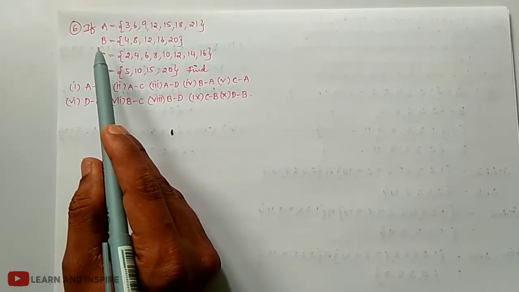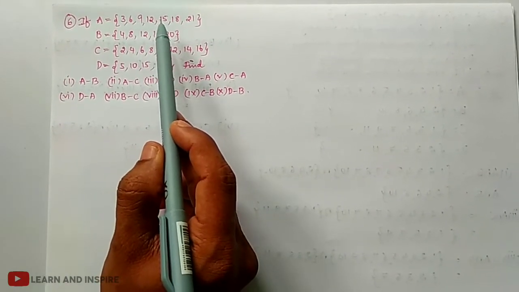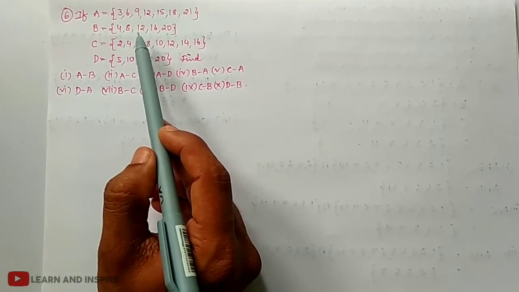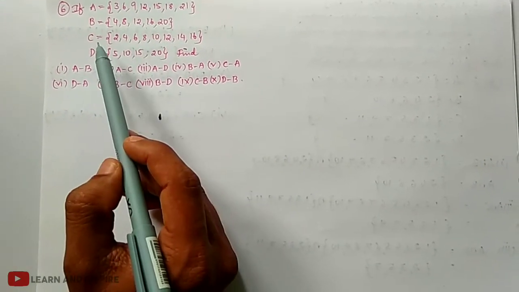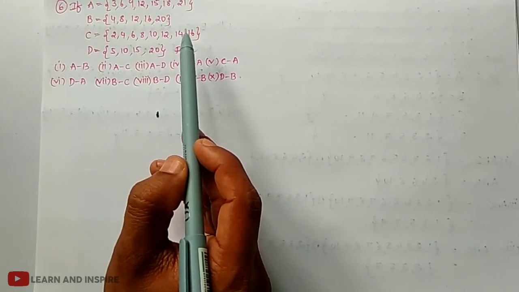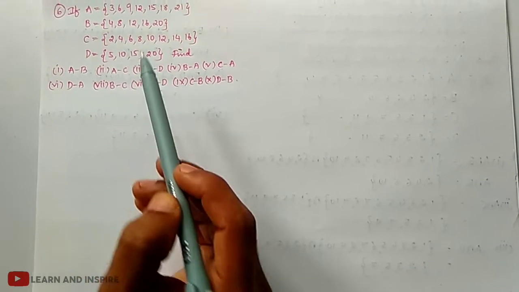Next, question number 6. If A is equal to 3, 6, 9, 12, 15, 18, 21, set B is equal to 4, 8, 12, 16, 20, set C is equal to 2, 4, 6, 8, 10, 12, 14, 16, set D is equal to 5, 10, 15, 20.